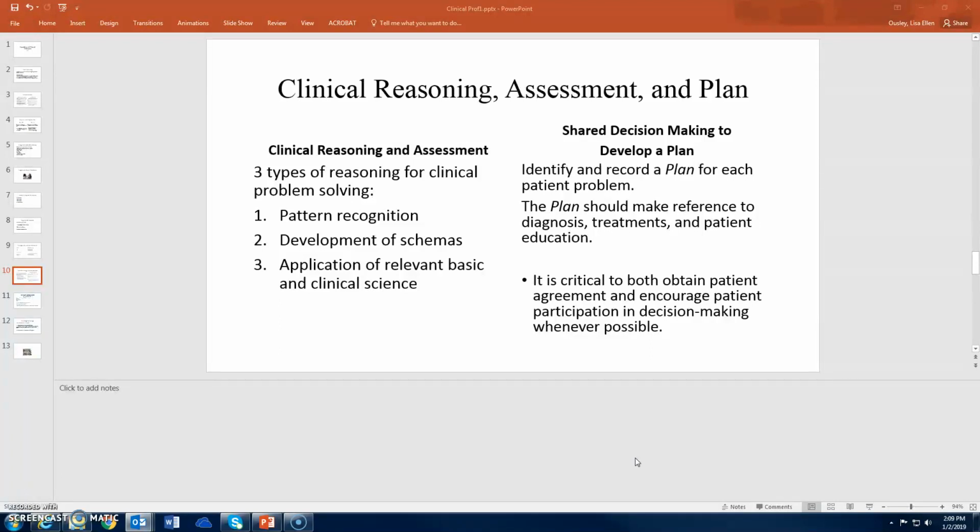And then you really then move to shared decision making to develop a plan, because it's not just about you. You involve your patient or the family or both. So you identify and record a plan for each patient problem. The plan should make reference to diagnosis, treatment, and patient education. It is critical to obtain both patient agreement and encourage patient participation in decision making whenever possible.